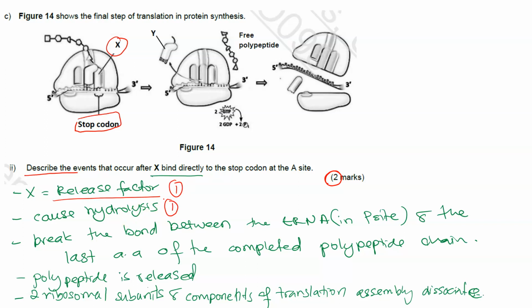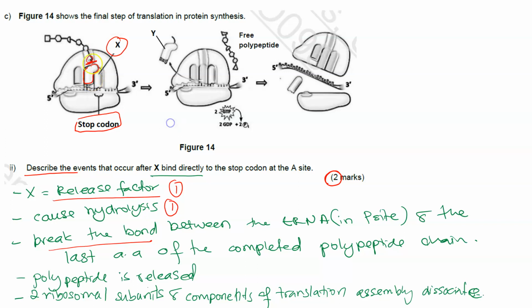Hydrolysis of what? Which is the breaking of bonds between the last amino acid of the polypeptide and the tRNA. So that is the function of release factor, to break the bond between the last amino acid and the tRNA at the P site.